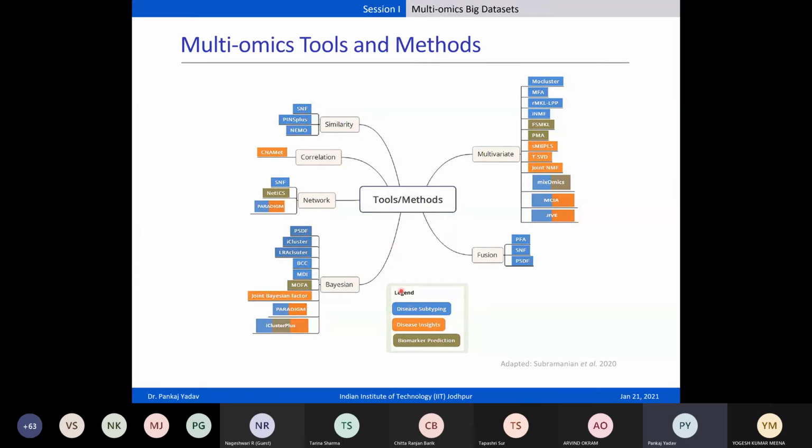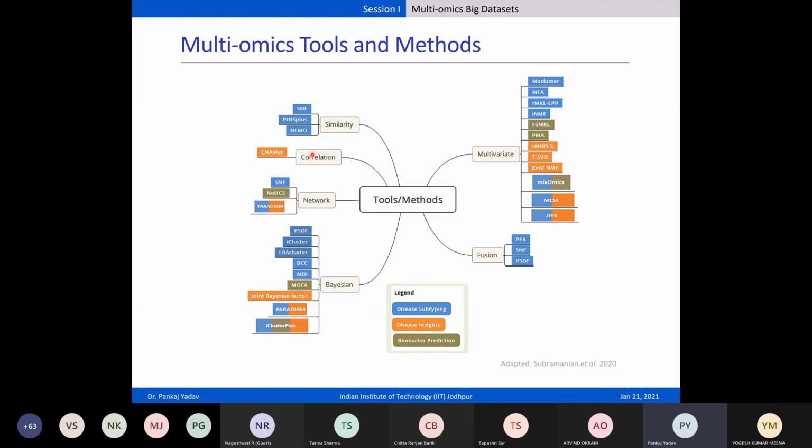Their objectives are also different. Those in blue are focused mainly on disease subtyping, and those in orange are focused on disease insights, to understand the underlying mechanisms. Those in the greenish color are focused on biomarker prediction.